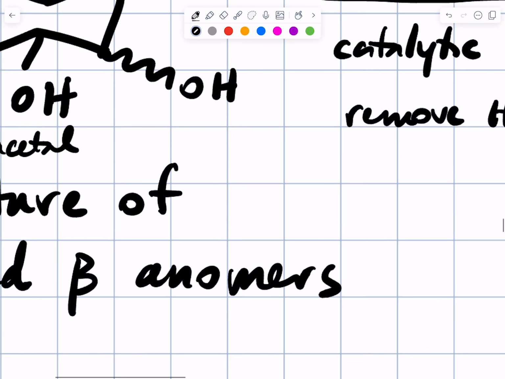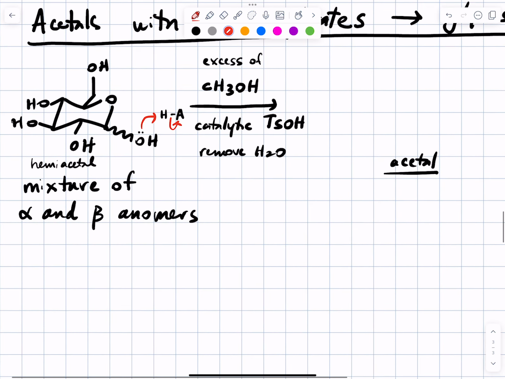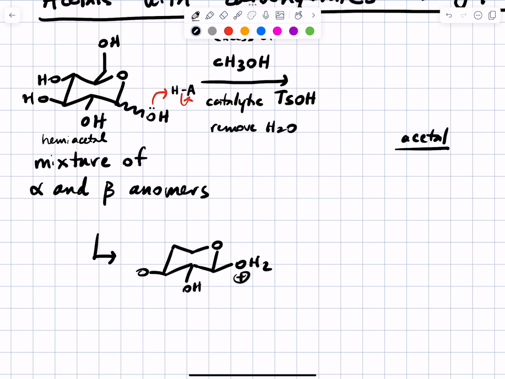And when you did this before, the mechanism was simple. First, you would protonate the C1 hydroxyl with an acid. And actually, this is the same first step as that alternative mechanism for mutarotation. You protonate the C1 hydroxyl to turn it into a good leaving group.